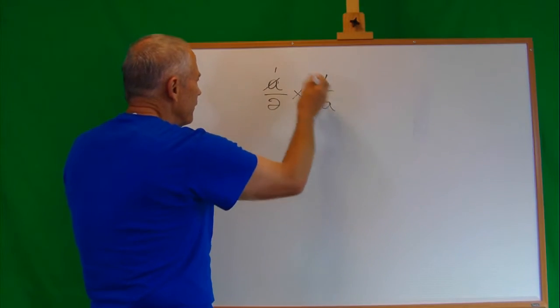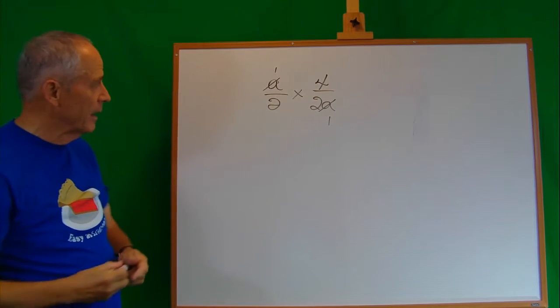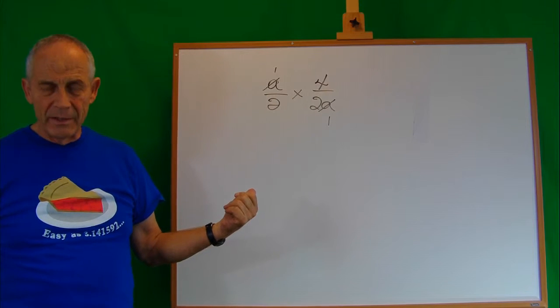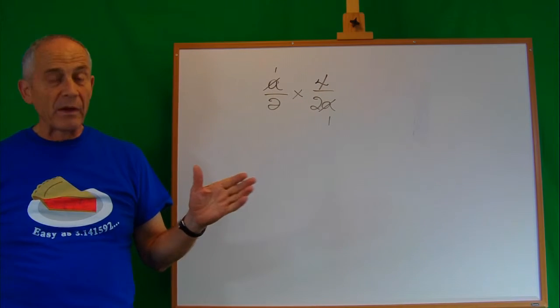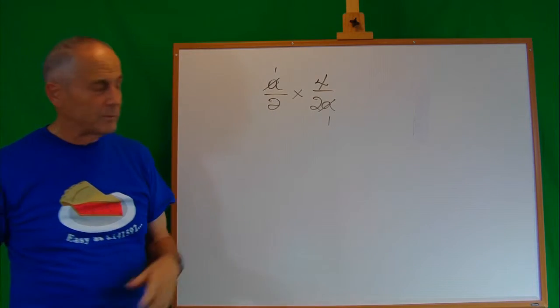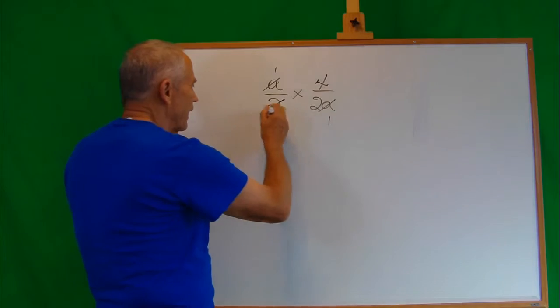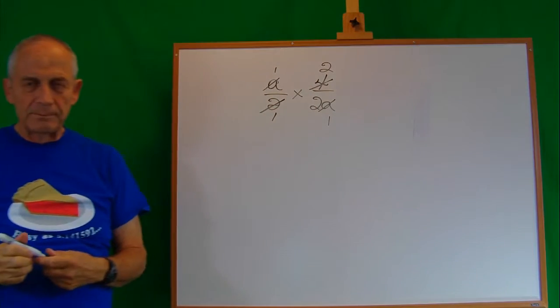So those will cancel each other out. Now I come down here, this 2 is in the denominator, so I'm going to be looking in the numerator to see if there are any factors of 2. So, sure enough, I can find a factor of 2 up there, so I divide out the common factors.